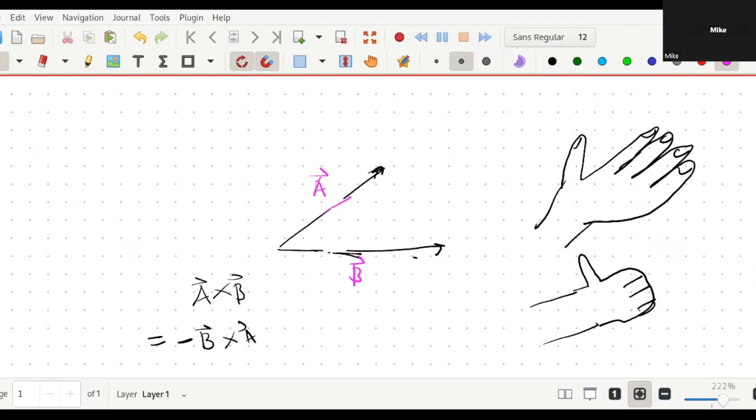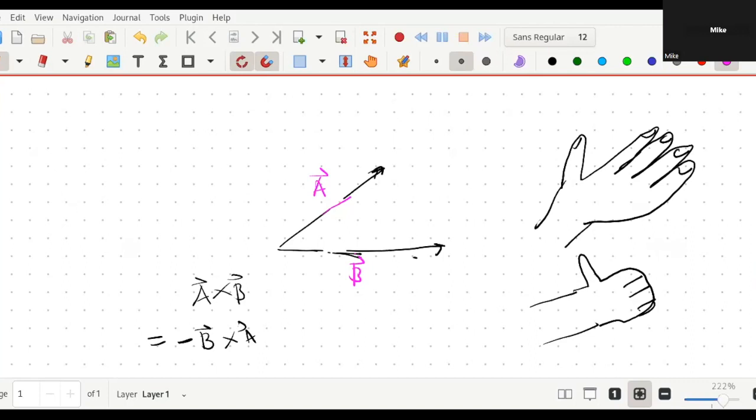If you twist from A going to B, it doesn't work, so your thumb cannot point out of the screen. To get the cross product, you put your hand behind the screen, place the blade edge on top of A, do the twist and close your hand, and then the thumb points into the screen. Can you see? Okay, that's one way.